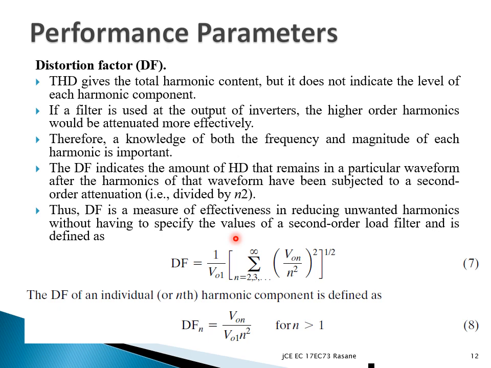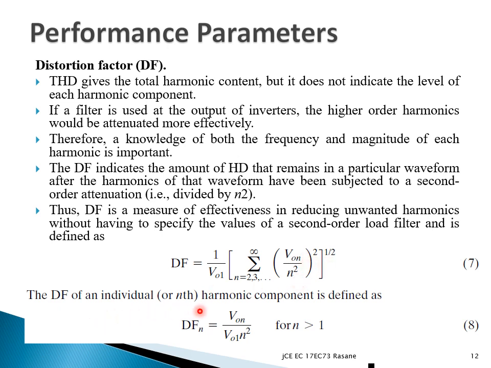It is defined as DF equal to 1 upon V01 times the square root of the summation, from n equal to 2 to infinity, of V0n upon n squared, the whole squared.